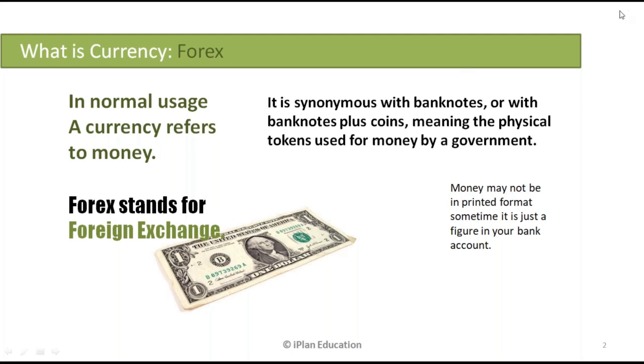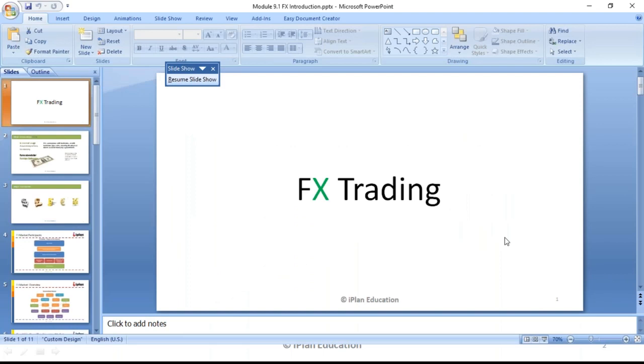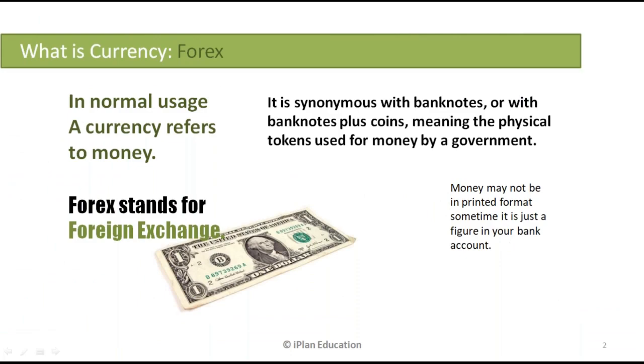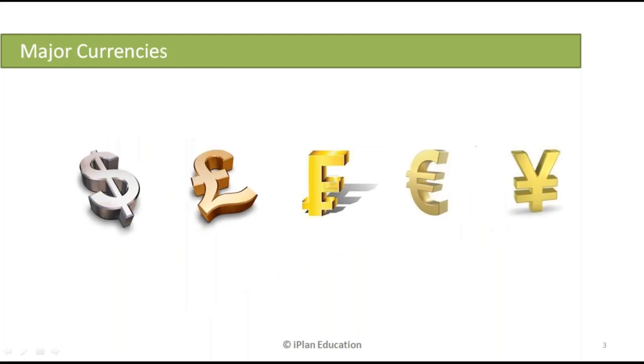It is synonymous with banknotes plus coins, or anything which is a token used for money by a government. So basically, money is a medium to value something, to price something, and it is widely used as a means of exchange.